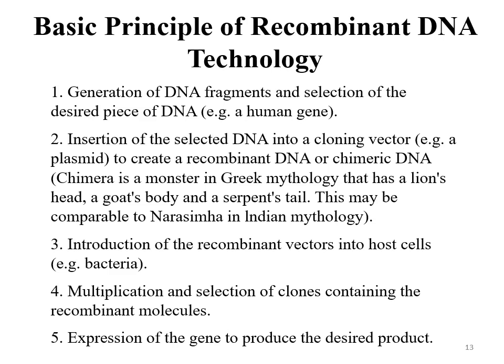After the multiplication and selection, the expression of the gene to produce the desired product are the simple basic steps, or you can say the basic principle of recombinant DNA technology.